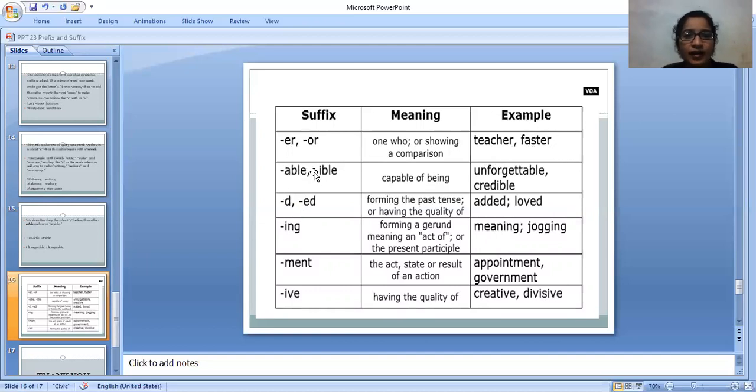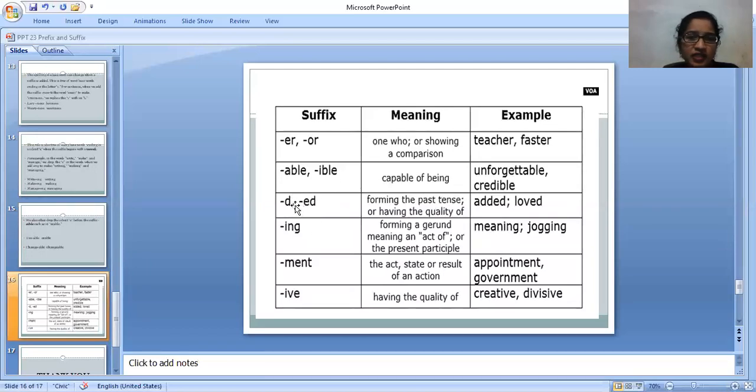And the suffixes able and ible suggest capability, capable of being. You cannot tell the exact meaning for the suffix, but what you can tell is the meaning it suggests when added. So able and ible indicate capability: unforgettable, credible.